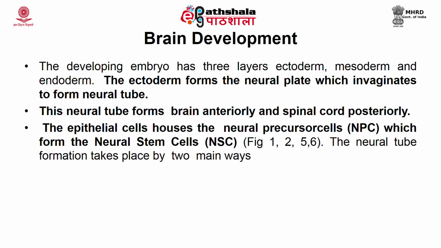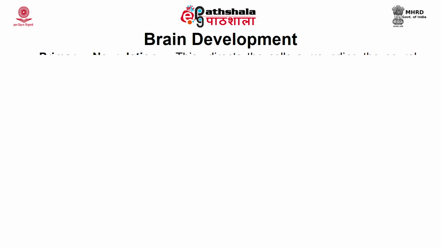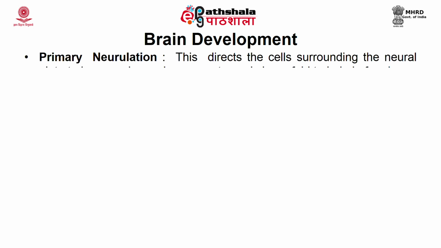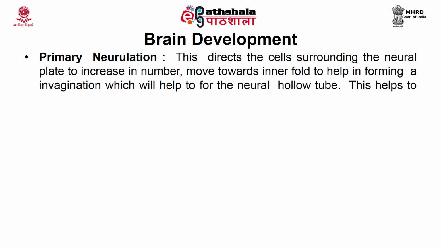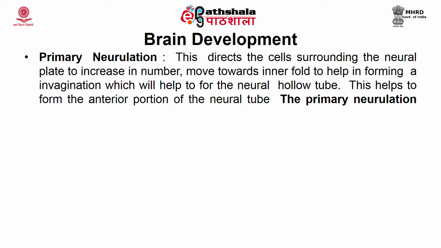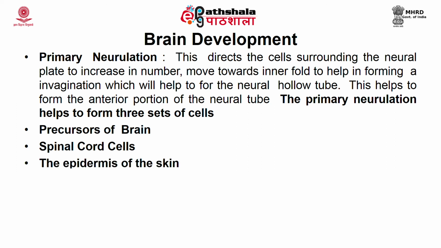Now, the whole event of neural tube formation takes place in 2 ways, that is primary neurulation and secondary neurulation. The primary neurulation helps the neural plate to increase in number and form invagination, and this also helps to form 3 sets of cells which are precursors of the brain, the spinal cord cells and the epidermis of the skin.